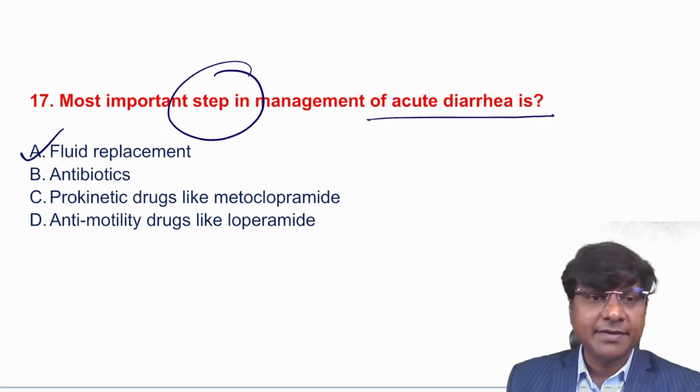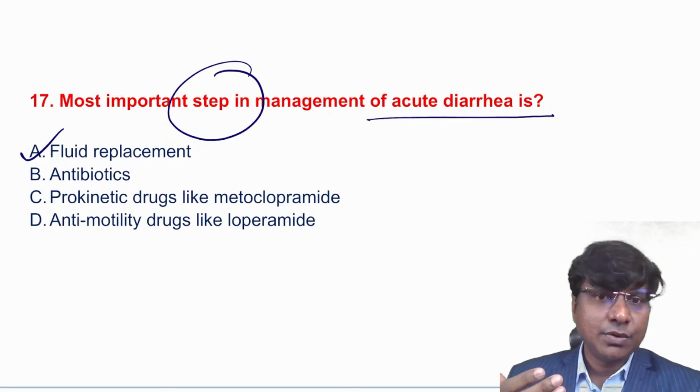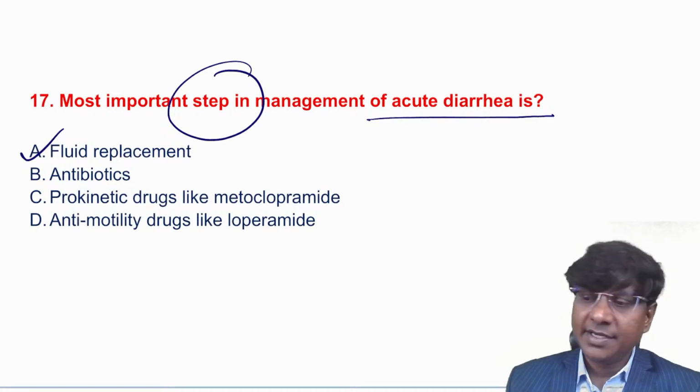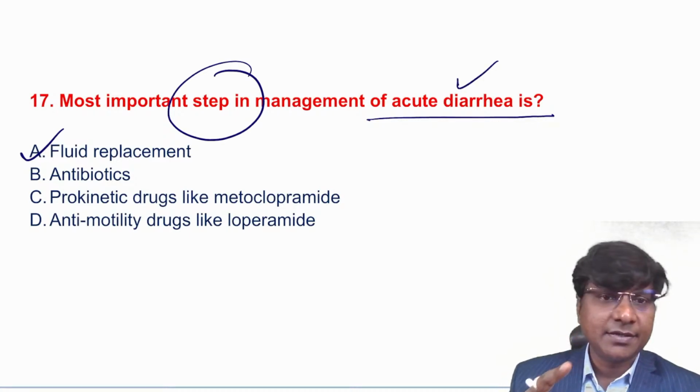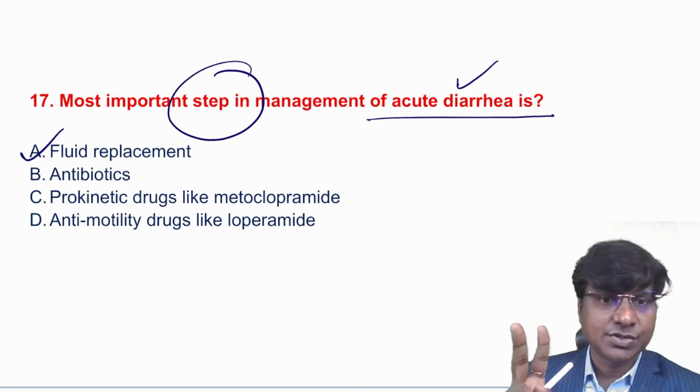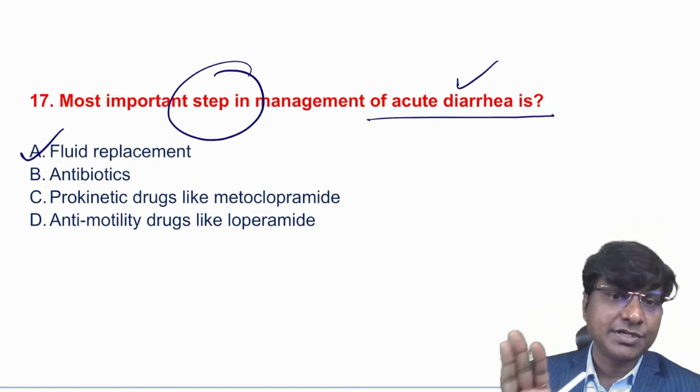So the first and most important thing is giving IV fluids, right? If there is any death or morbidity in case of acute diarrhea, it is mainly due to dehydration. It is mainly due to electrolyte loss, but it is not from the pathogen per se.